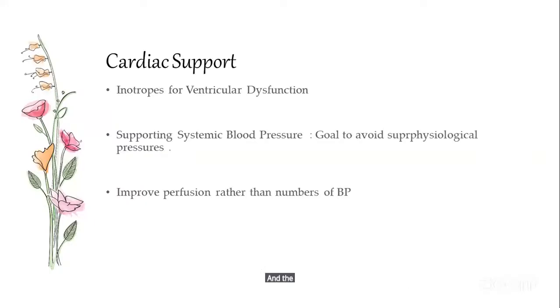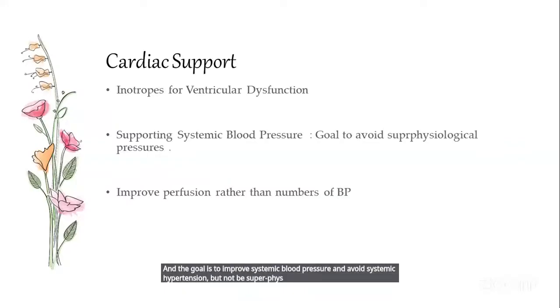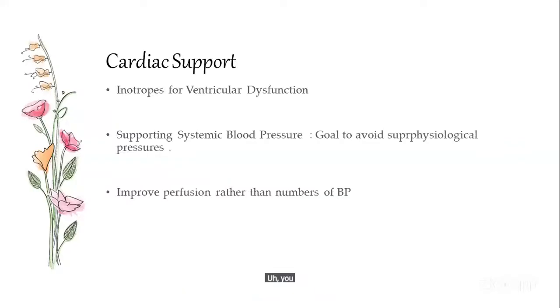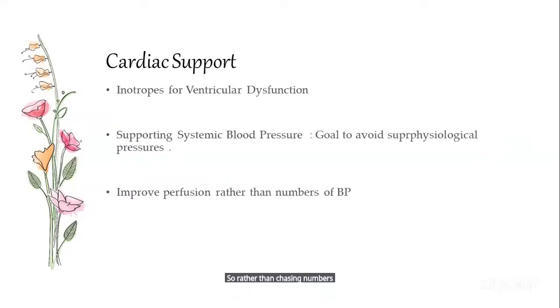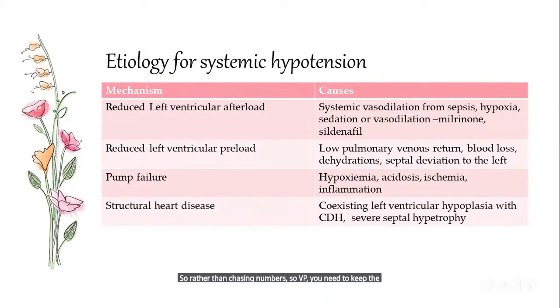The goal is to improve systemic blood pressure and avoid systemic hypotension, but not to supraphysiological pressures. You don't have to chase the numbers for BP, but your goal should be to improve perfusion, which you can monitor by monitoring CFT, your lactate levels, and your urine output. So rather than chasing numbers of BP, you need to keep the perfusion of the tissues well.